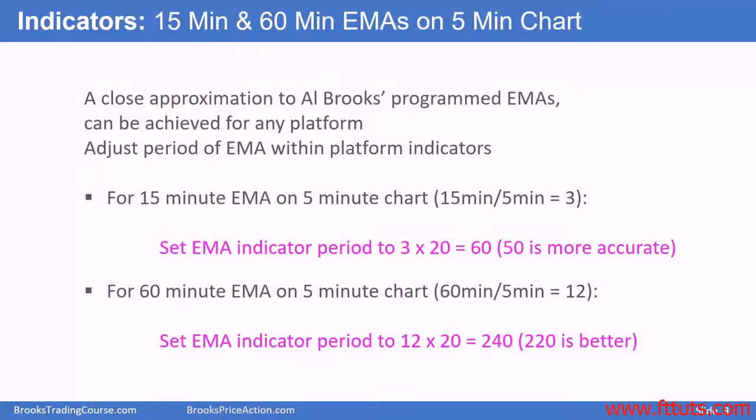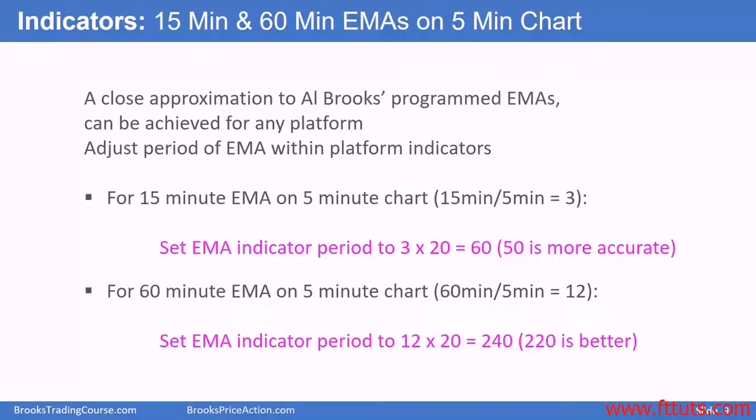If you're not comfortable with code, or if you have a different broker and a different charting package and different indicators, you can approximate the 60-minute exponential moving average on the 5-minute chart by using, on the 5-minute chart, an exponential moving average set to 240 bars. There are 12 5-minute bars in an hour times 20 bars, so 240 bars on the 5-minute chart gives an approximation.